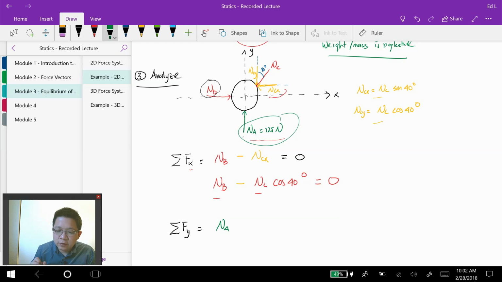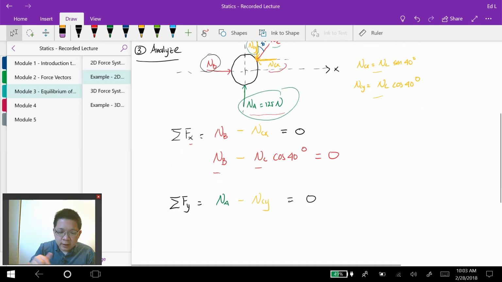And the next force that contributes is NC, particularly the y component of NC. Okay, and in here when we write the equation, we have to include a negative sign because NCY is going downward, and we set this equal to 0.